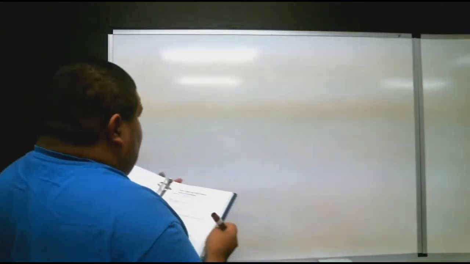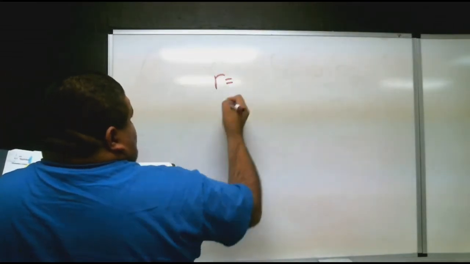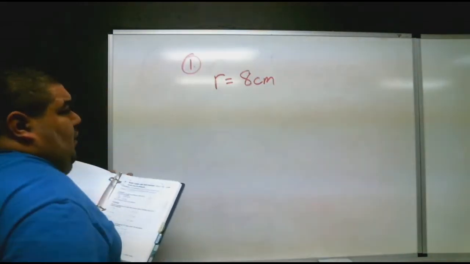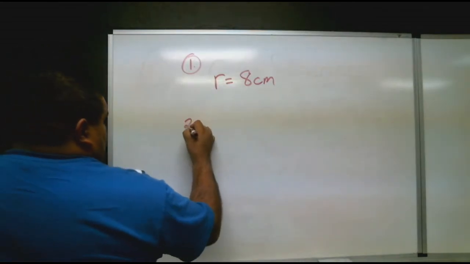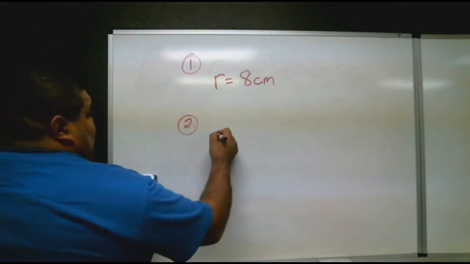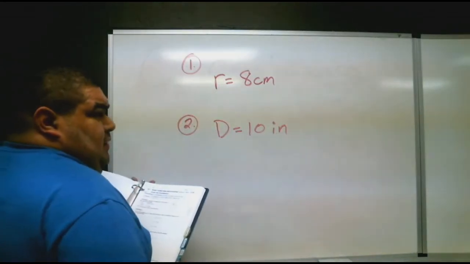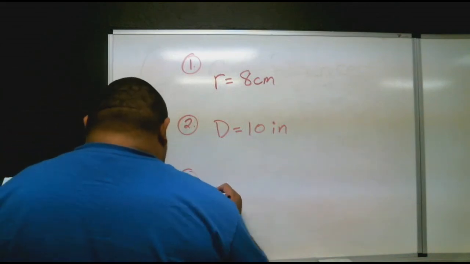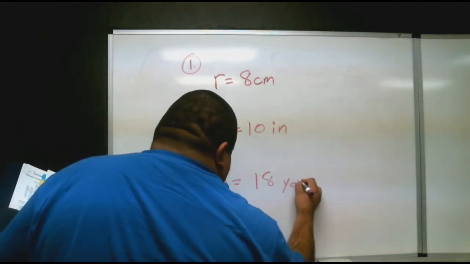Your assignment for today: for the first one, you have a circle where the radius is 8 centimeters, okay? For number 2, you have a diameter that equals 10 inches. And for your third one, you have a diameter that equals 18 yards.